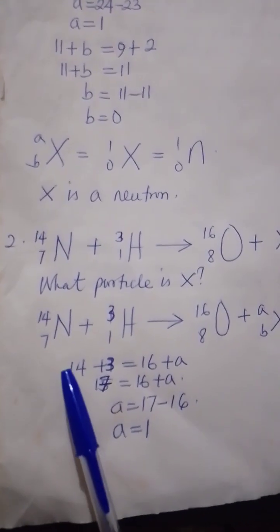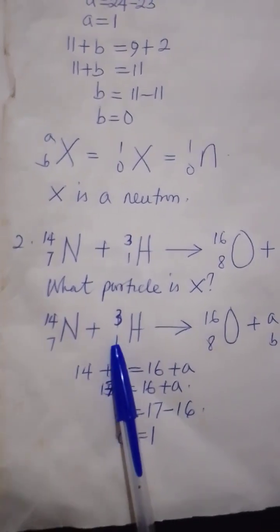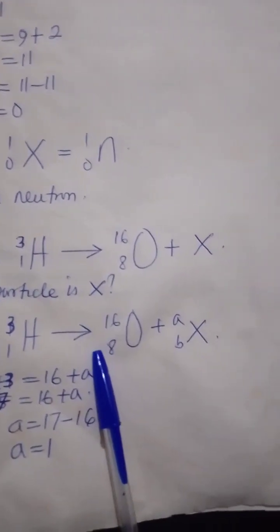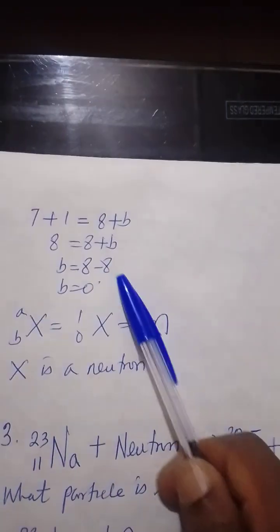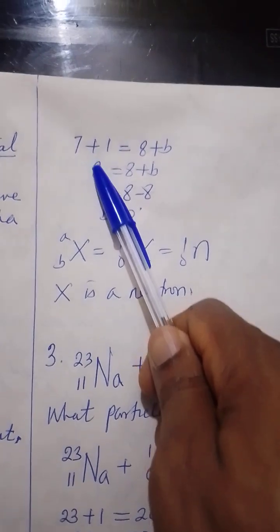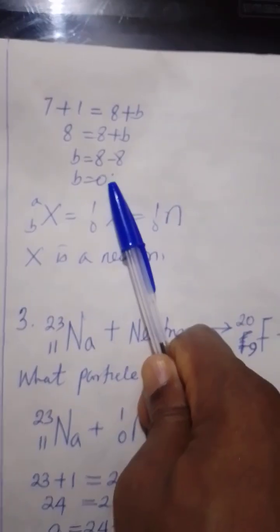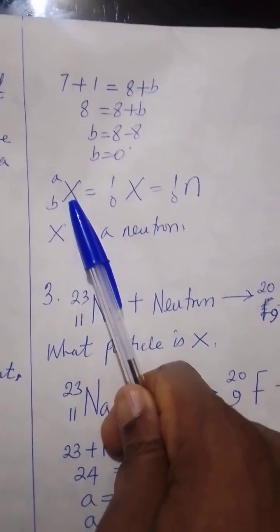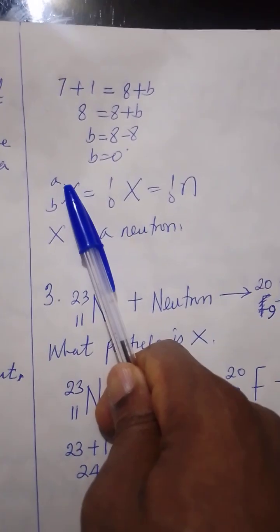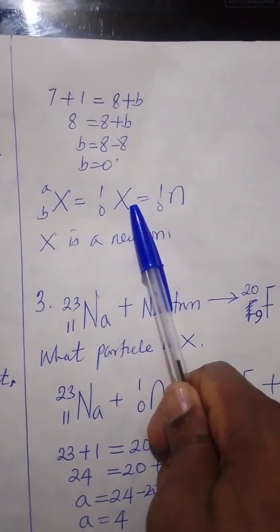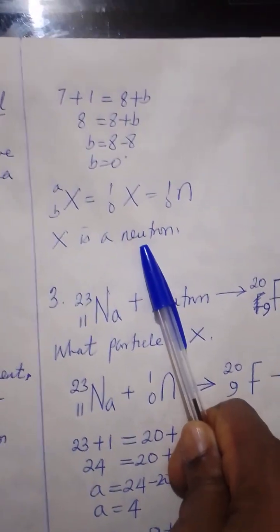Then we take the atomic numbers. 7 plus 1 is equal to 8 plus B. So 8 is 8 plus B, eventually B is 0. Again, A B then becomes 1, 0. Since A is 1, B is 0, it looks like the neutron. So X is a neutron.